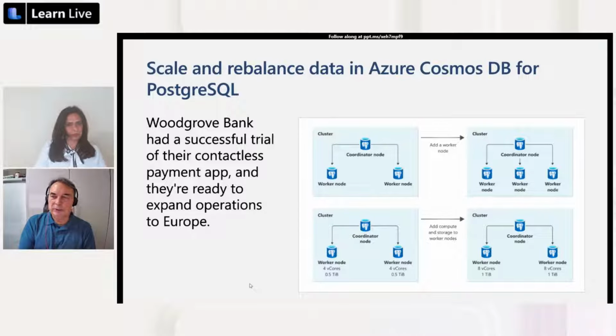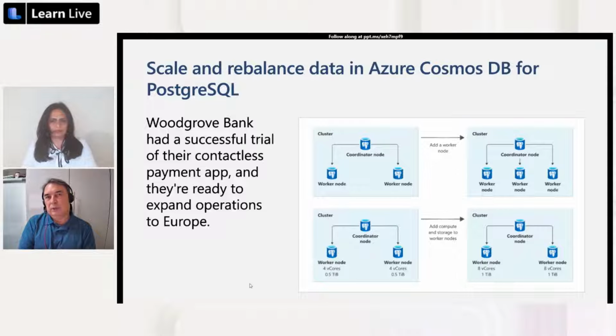It's important to understand that each of these 3 instances is by itself one complete standalone PostgreSQL server. So a Cosmos DB for Postgres cluster consists of at least 3 single nodes. One is the coordinator, the other 2 are workers.